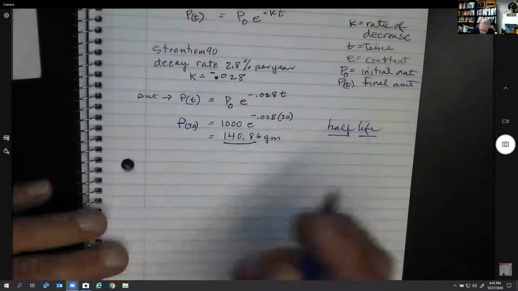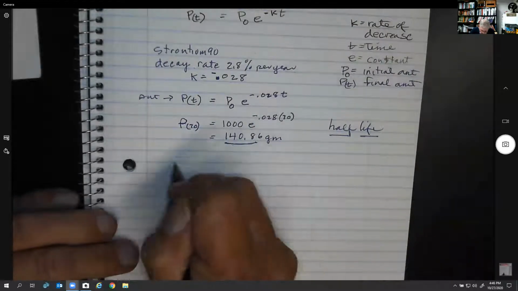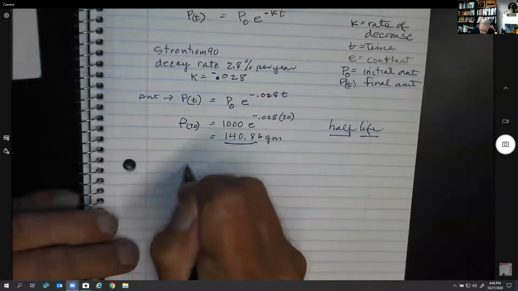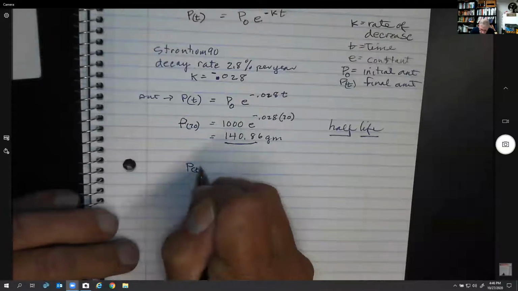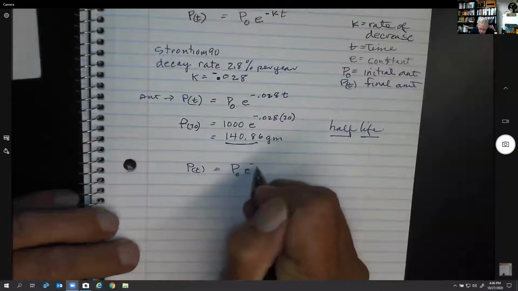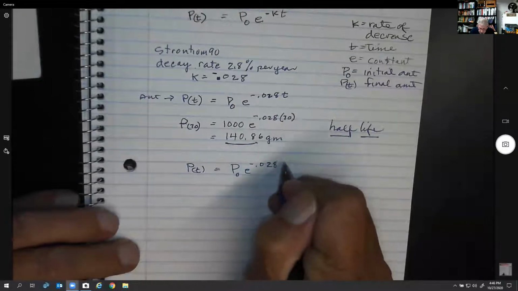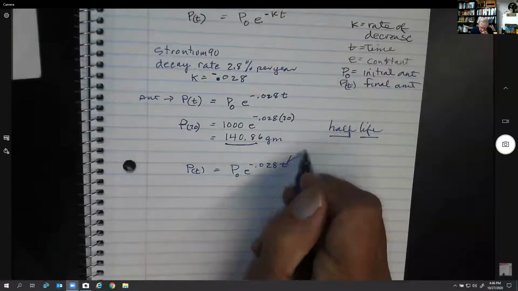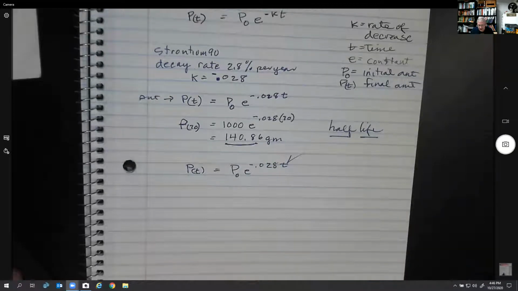And that's what we're concerned with, half of the life of this material. How long is that going to take? So again, we're going to use our initial formula, negative 0.028 T. And we're going to try to find out what T is this time, the half-life.